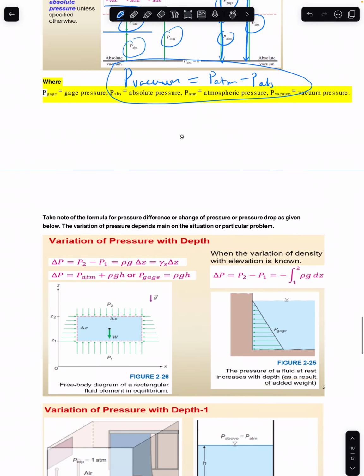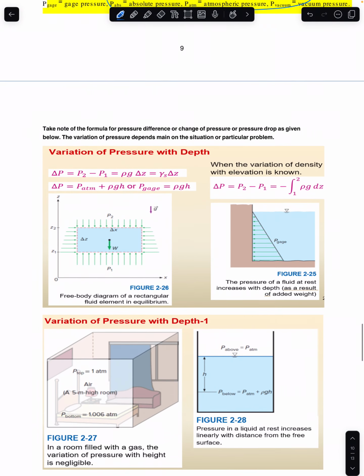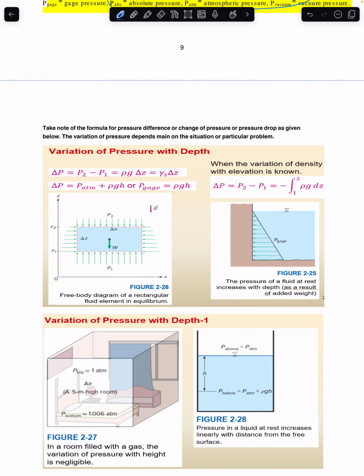And now let us look at pressure variation. Pressure variation can happen in a case whereby there is a change of pressure. We can see that in a manometer. We can see that if you drop an object in water and it has 2 positions Z1 and Z2, and so on and so forth.